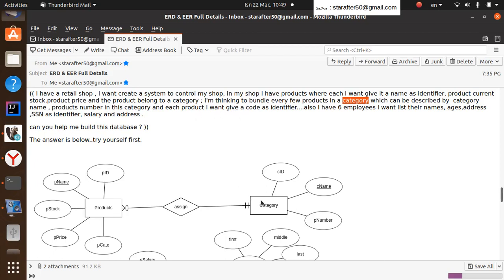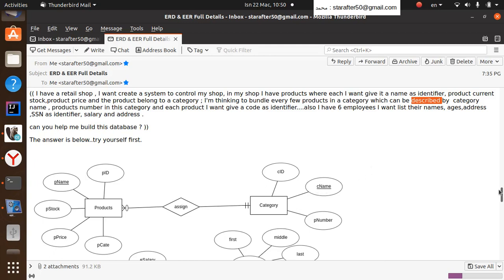So the category can be picked up as an entity, and this category has a name. And since the name, as he said, is described by category name, that means this entity will be described by the name of it. So I can select it as a primary key.